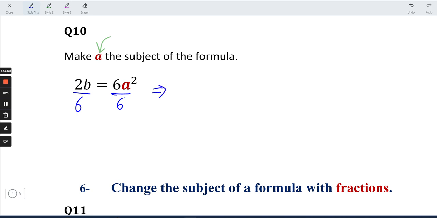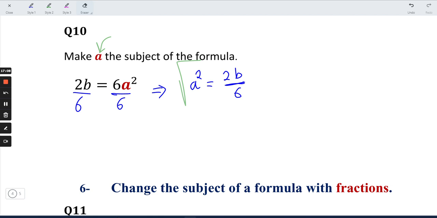Then we'll get a squared equals 2b over 3. Now 2b over 6, because I was trying to cancel between 2 and 3, simplifying I mean. So now over 6.